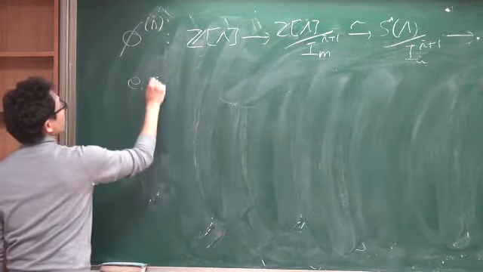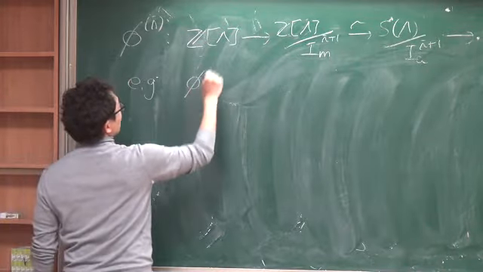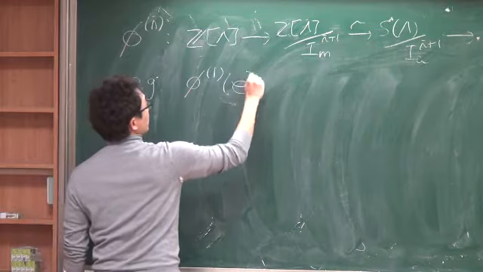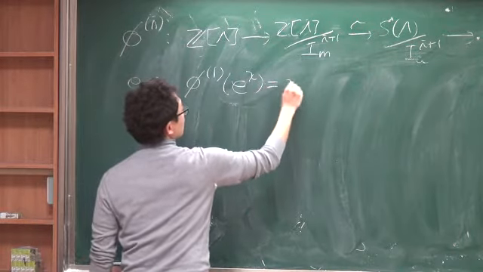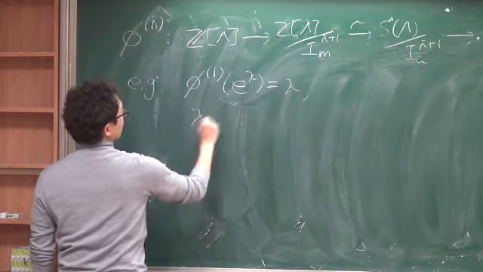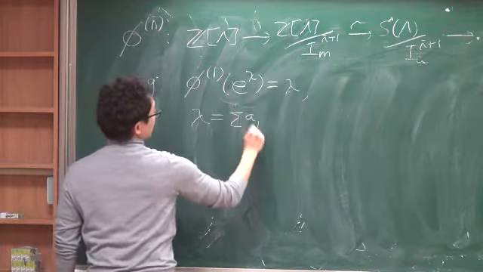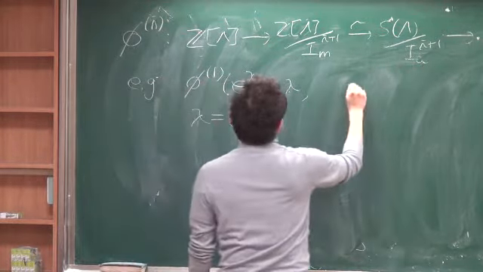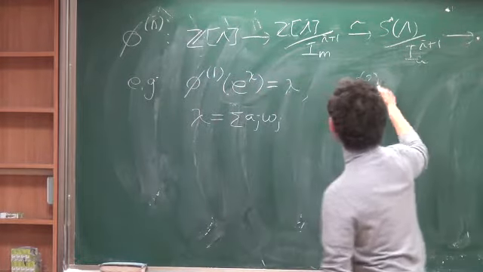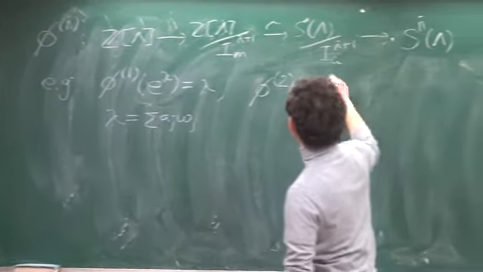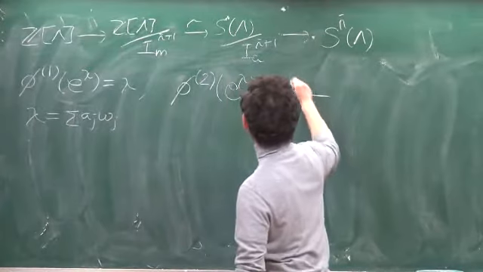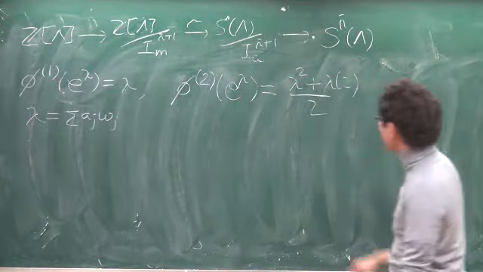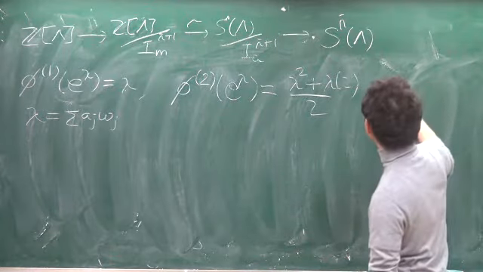For example, phi 1 maps e to the lambda to lambda, where lambda is just the sum of omega j, and degree 2 maps to lambda squared plus the twisted form of lambda.